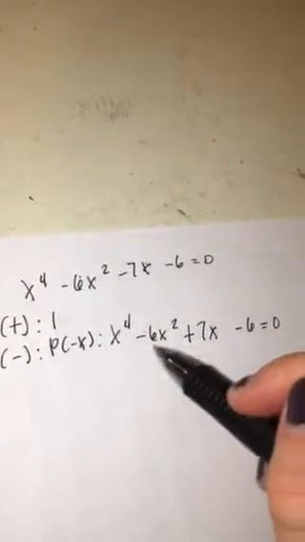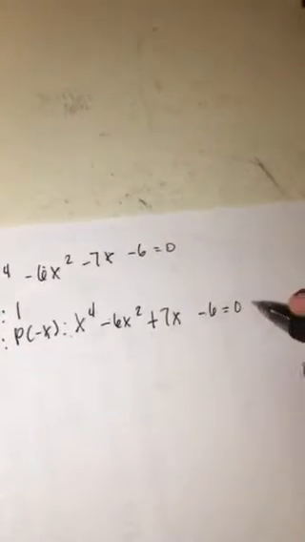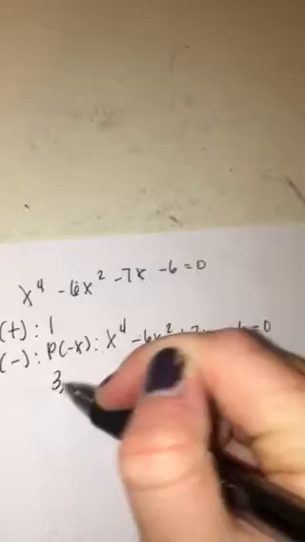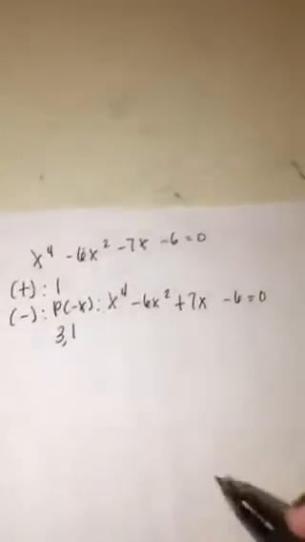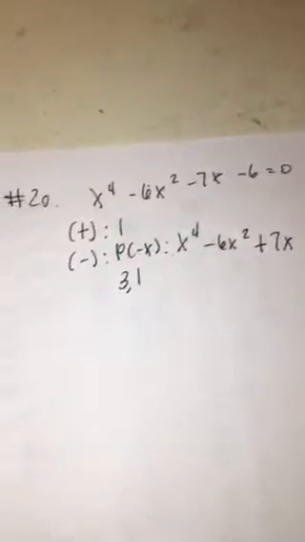Okay, so here we have 1, 2, 3 changes in signs, but then you also have 1 because you subtract 2 from that. Okay, so then next you have to find your possible roots. To find that, you use the rational root theorem.